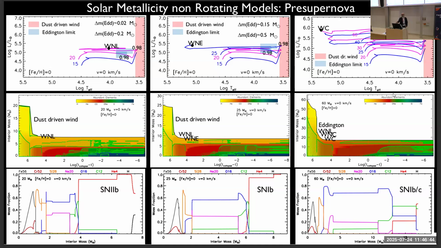For the 60 solar mass star, the red supergiant phase is skipped because this star reaches the Eddington luminosity before becoming a red supergiant, and so the mass loss is not driven by the dust, but is driven by the approaching to the Eddington luminosity. And the final result is that the total hydrogen mass of the envelope, and even more, is lost by the star, exploding as a Wolf-Rayet.